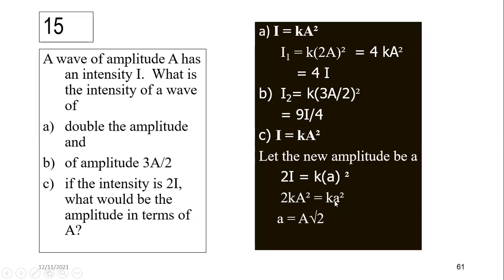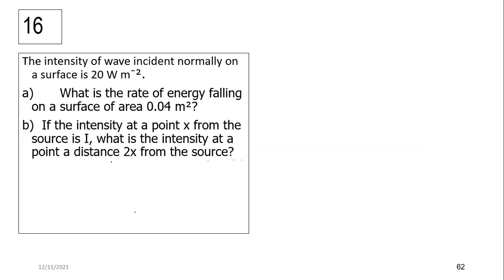So your A, K and K cancel out. Square root of A is square root of 2A square, so it's A root 2. Okay or not? Okay. Right? It's just getting you familiar with a formula, that's all.